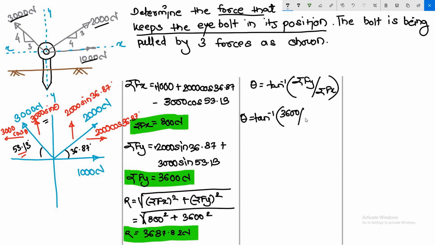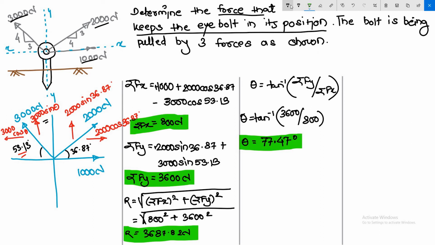We do not consider the sign convention of Fx, Fy. Luckily, the Fx and Fy here are already positive. Even if they were negative, like minus 3600, you don't have to consider the sign. Just put the magnitudes of Fx and Fy for this specific formula and calculate the value of theta, that is the inclination of the resultant, and the value comes out to be 77.47 degrees.